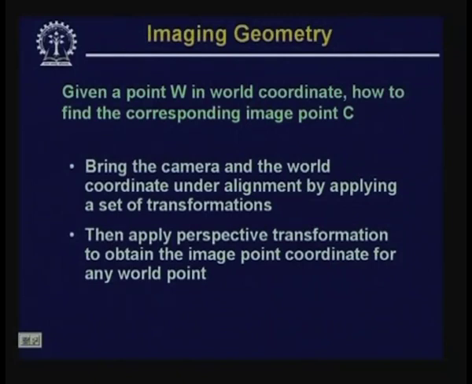So, the steps will be like this. Since our earlier formulations were very simple, in which case we assumed that both the camera coordinate system and the 3D world coordinate system are perfectly aligned, in this generalized situation we will also try to find out a set of transformations which, if applied one after another, will bring the camera coordinate system and the world coordinate system into perfect alignment.